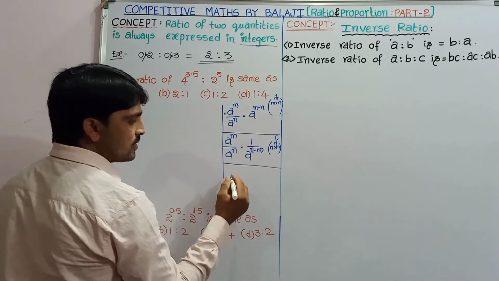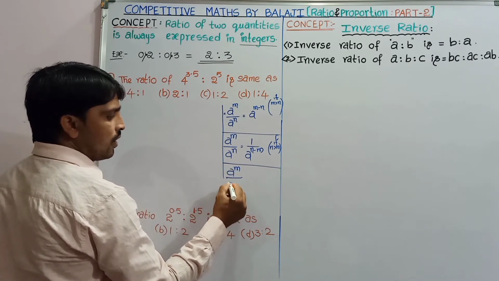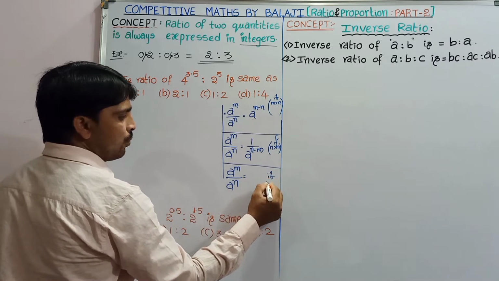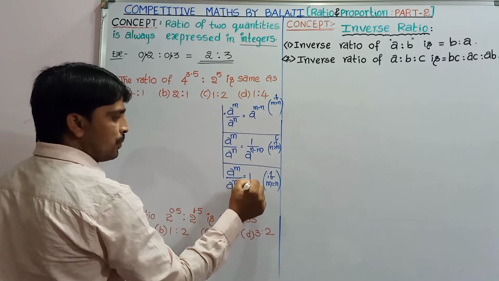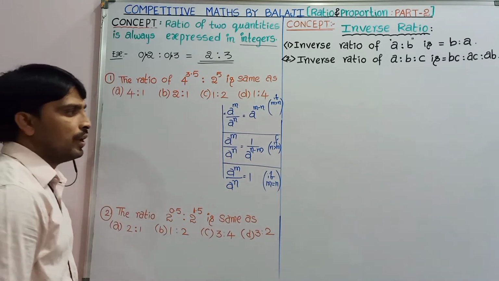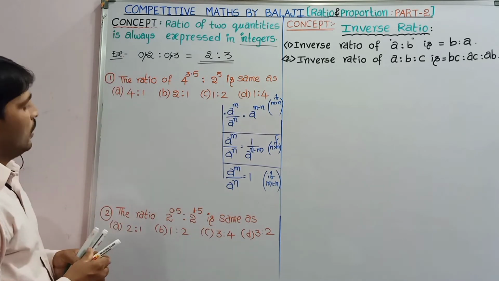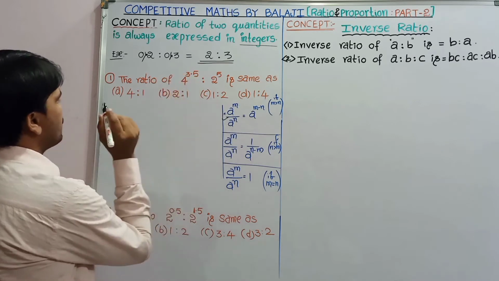And the third case is that if both exponents m and n are equal, then this value becomes 1. These are the three most important cases of the exponents. So by using these formulas, we can solve this problem.